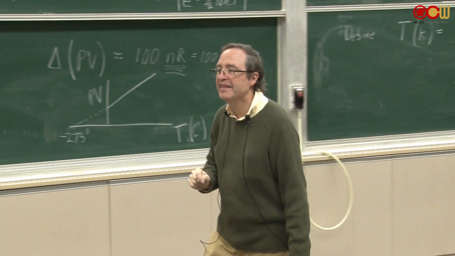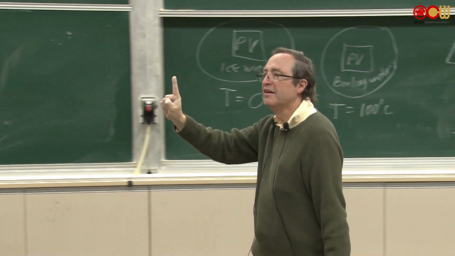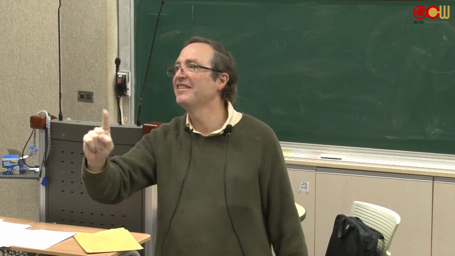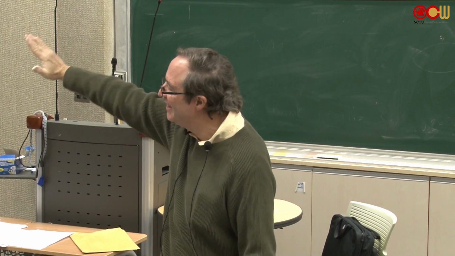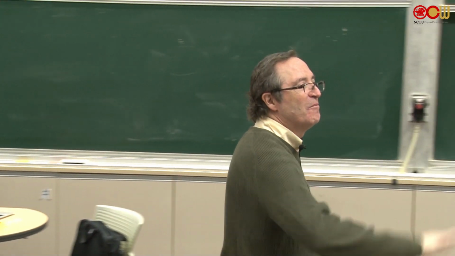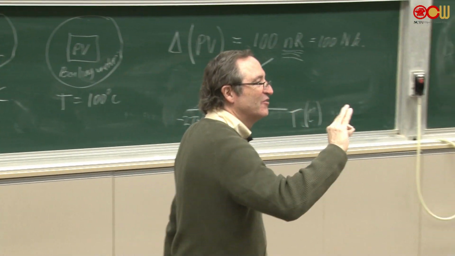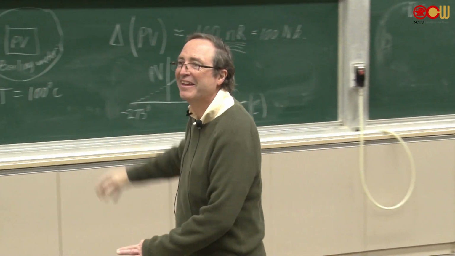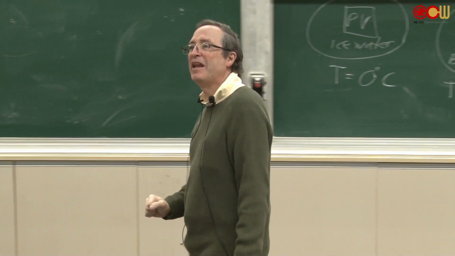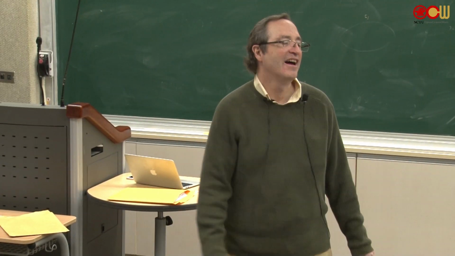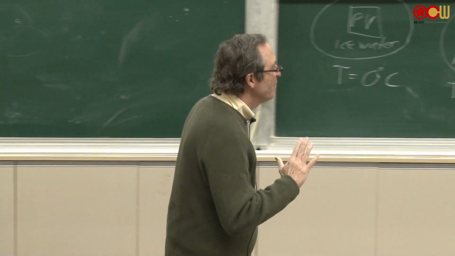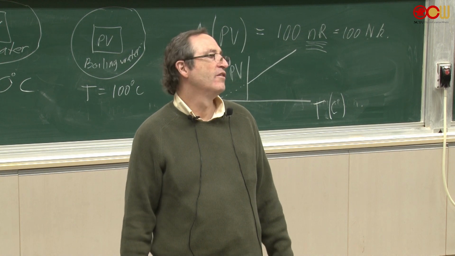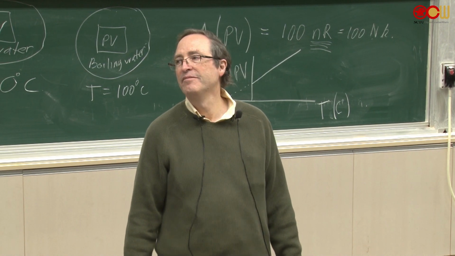I read an article that they decided to scrap that, and they're now using some other definition based on the mass of a proton or something like that, some other combination of fundamental constants. But for our purposes, think of a mole as 12 grams of carbon.